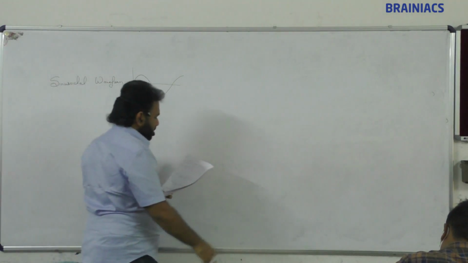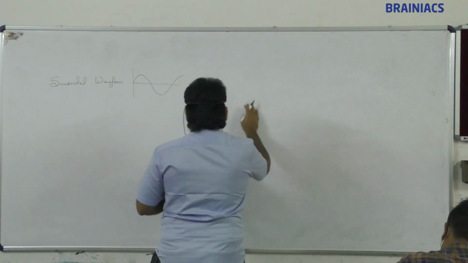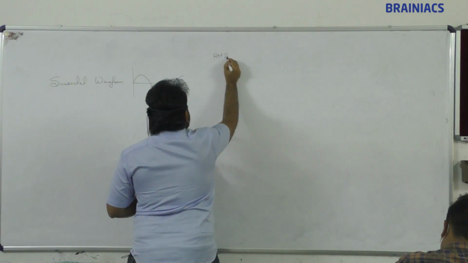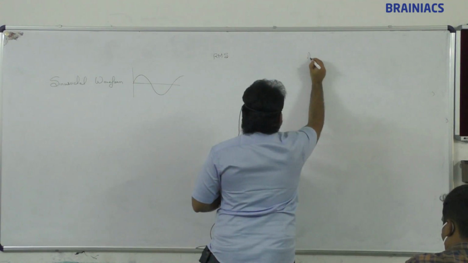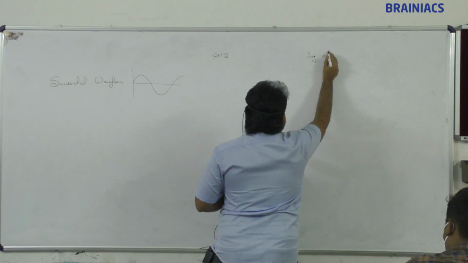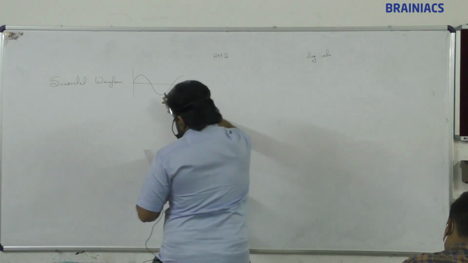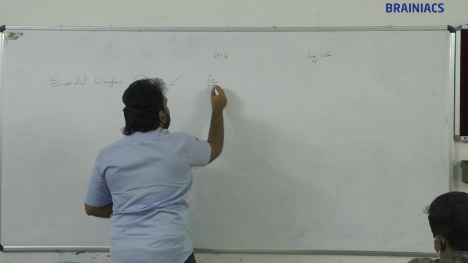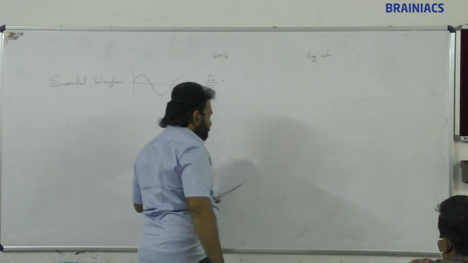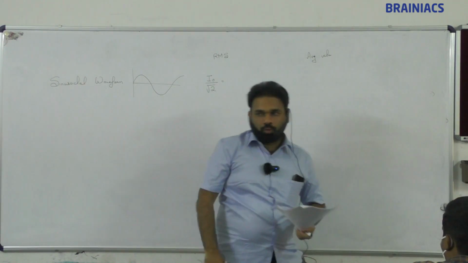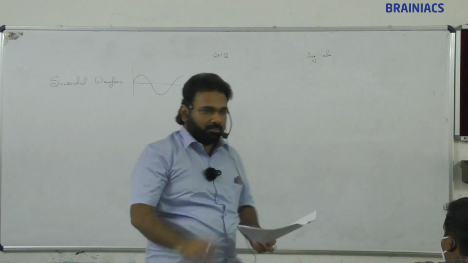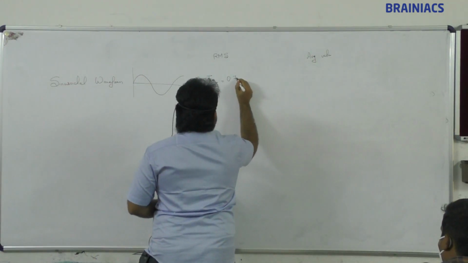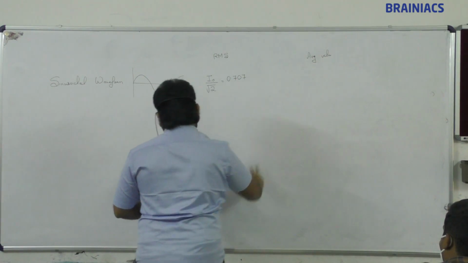So in this case, the RMS value and this is going to be the average value. The RMS value we know is I naught by root 2. So 1 by root 2, it is better to know that value also: 0.707.